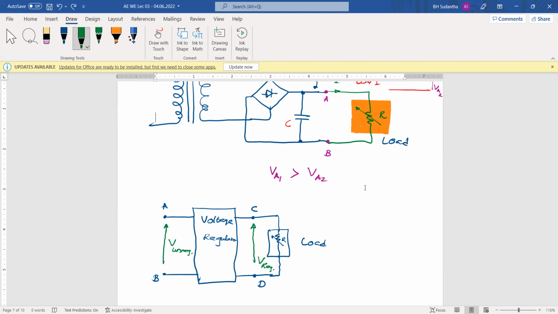Then you can go to the market and very cheap power packs are available. It's mentioned on the power pack, output is 12 volts, 1 amp. Okay, exactly matched, what my organ is requesting is 12 volts, 1 amp. And what the power supply mentions is 12 volts, 1 amp. You think that it's very good now, both things are matched.